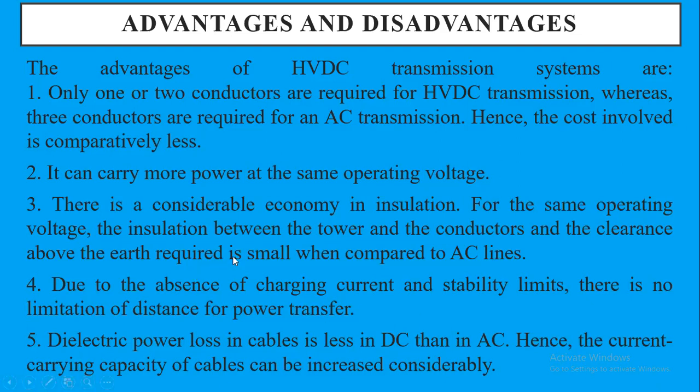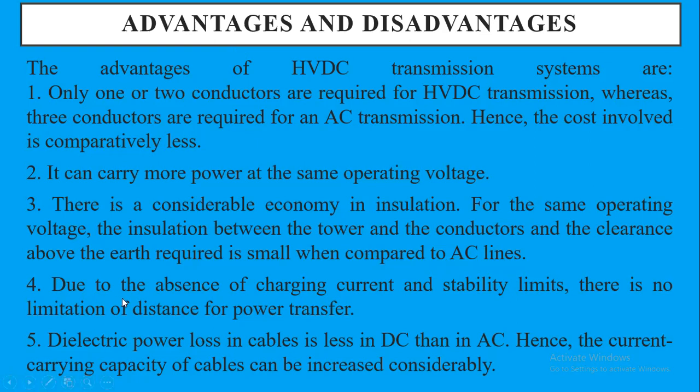There is a considerable economy in insulation for the same operating voltage. The insulation between the tower and the conductor and the clearance above the earth required is small when compared to the AC lines.